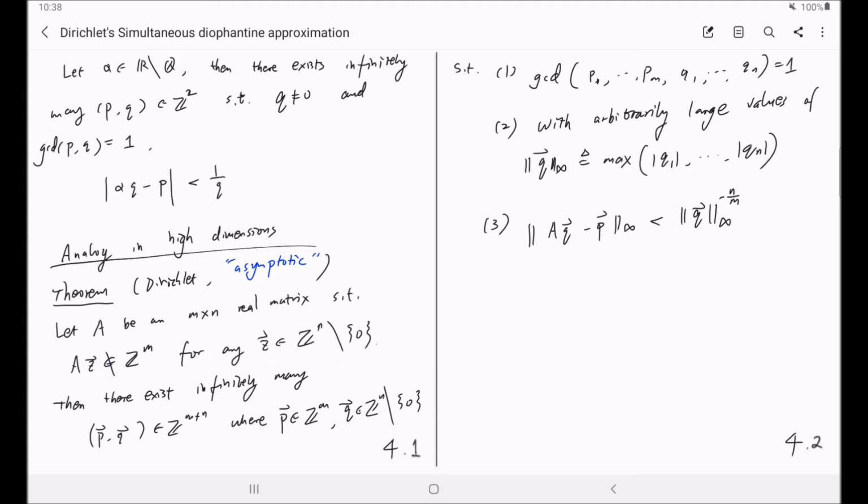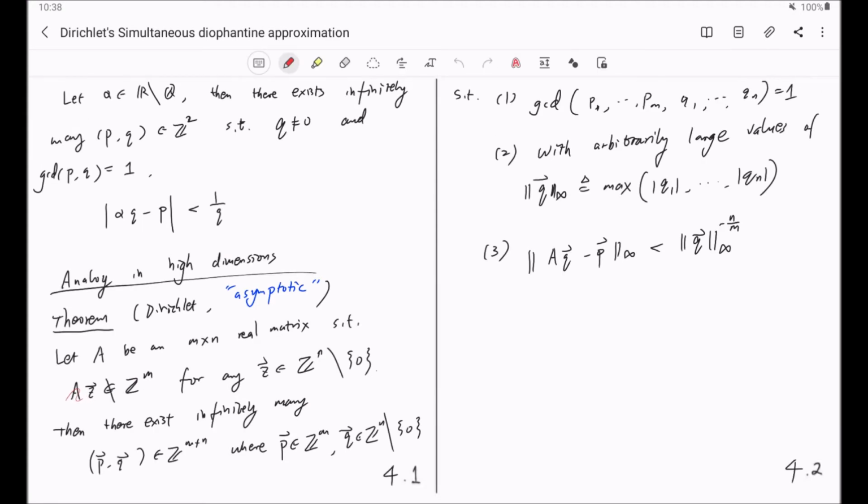Remember, this condition really just means that A of Zn minus 0 intersection Zm is empty. This is the same as this sentence. Why in the inhomogeneous setting we have to use AT instead of A, like in here?